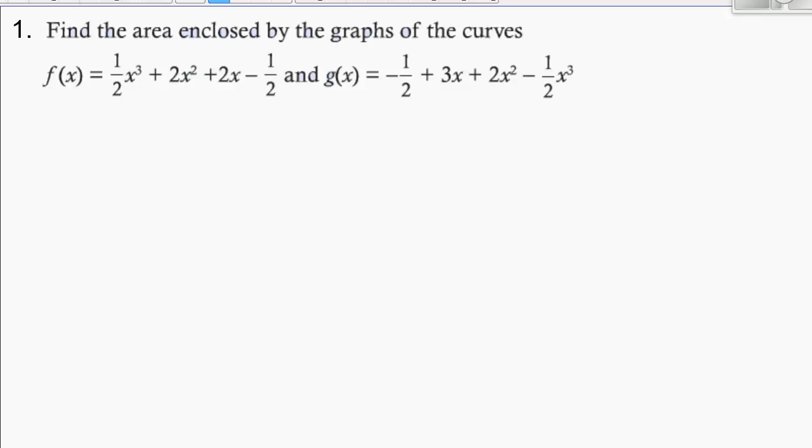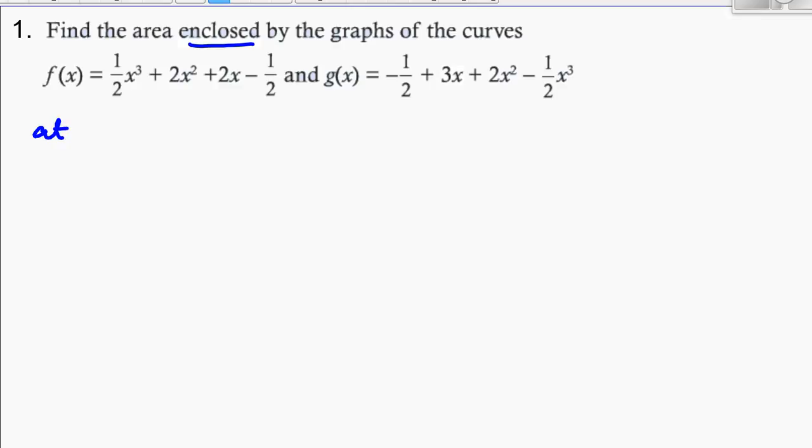So find the area enclosed by the graphs of the curves. We have two cubic functions here. Before we start calculating, because we want to find the area enclosed by these, let's start by finding the points of intersection of these two curves.